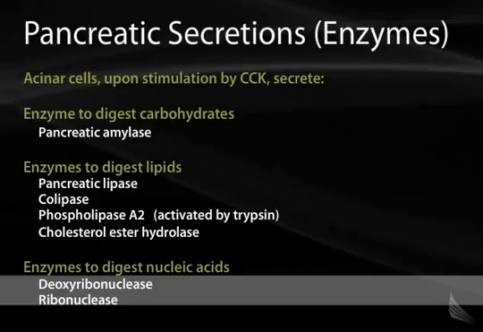Therefore, stimulation of the pancreas by cholecystokinin is important for causing release of enzymes which are pivotal in digesting food once it's entered the duodenum.